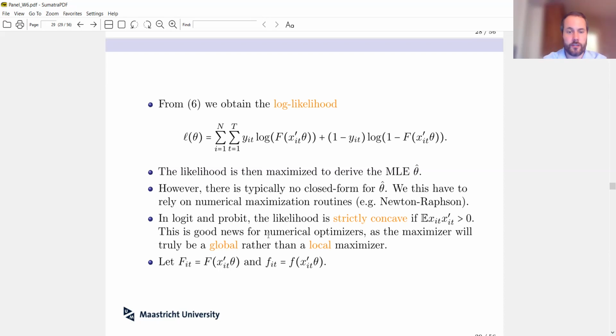First of all, that's good for the numerical optimizers, because the maximizer will be unique. There's going to be a global maximum, rather than a function with multiple local maximizers, where the Newton-Raphson algorithm is not guaranteed to converge to the overall maximizer. But with logit and probit, that's not a problem. If you find the maximizer, you know it's going to be the global maximizer.